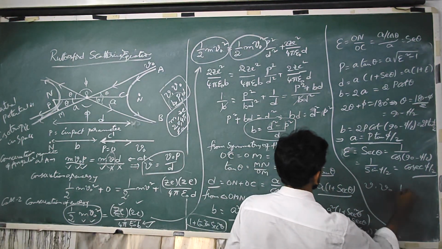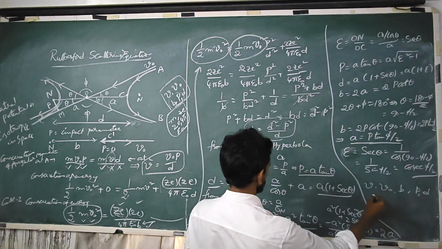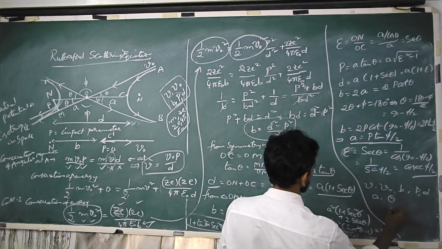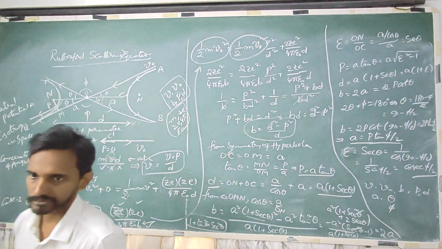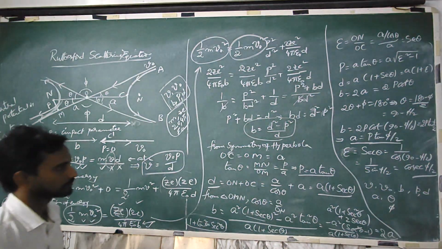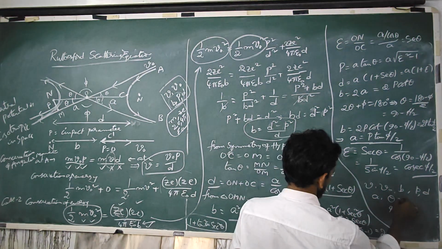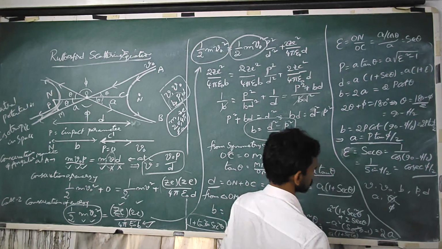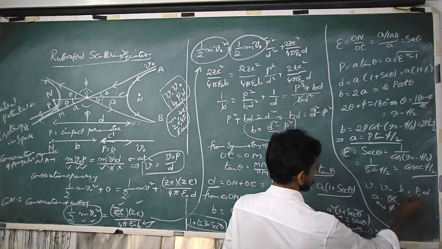V, V naught, B, P, D. Here A, theta, phi. Out of this one can be eliminated, so you will be left with A and phi.